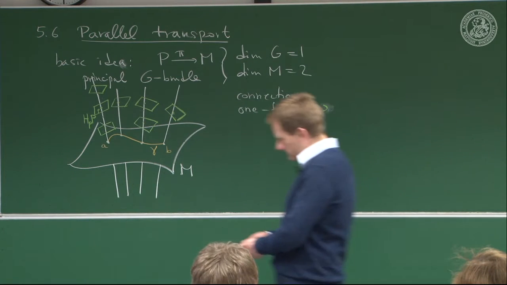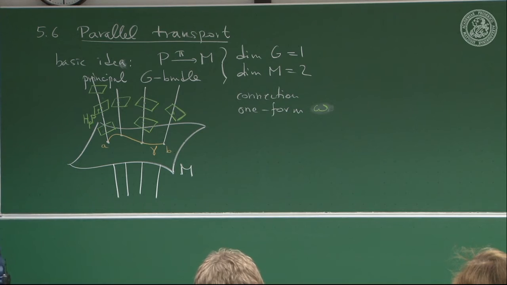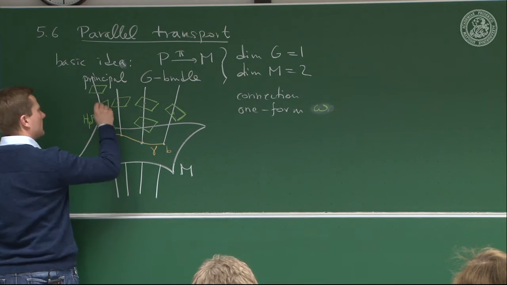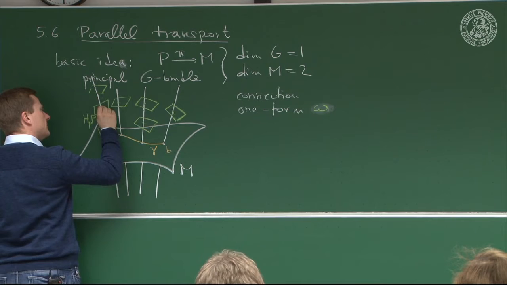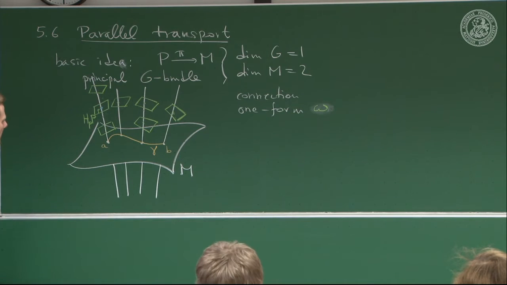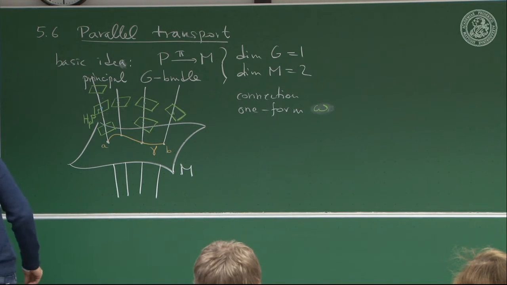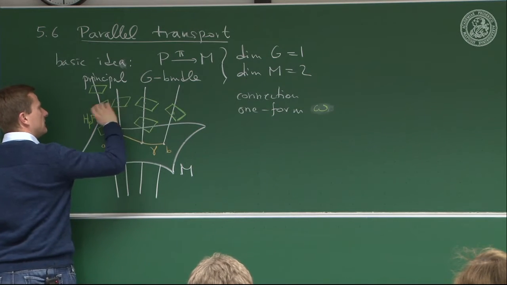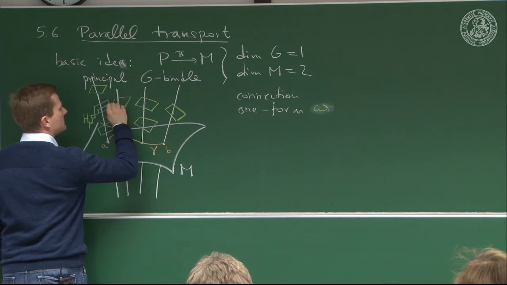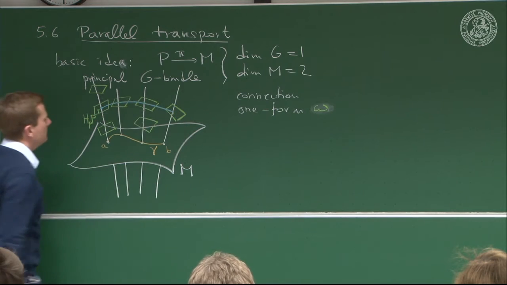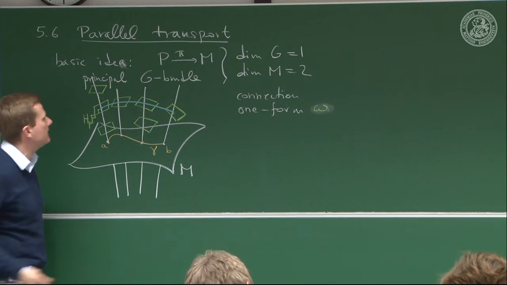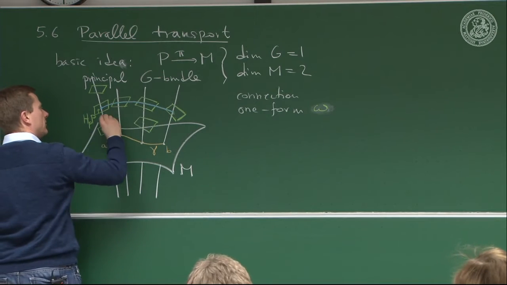namely simply by virtue of going to a particular point P here and asking, is there a tangent vector, is there a curve up here? So let me draw it. It may look like this, okay, such that I use the bundle projection pi here to map the curve down.